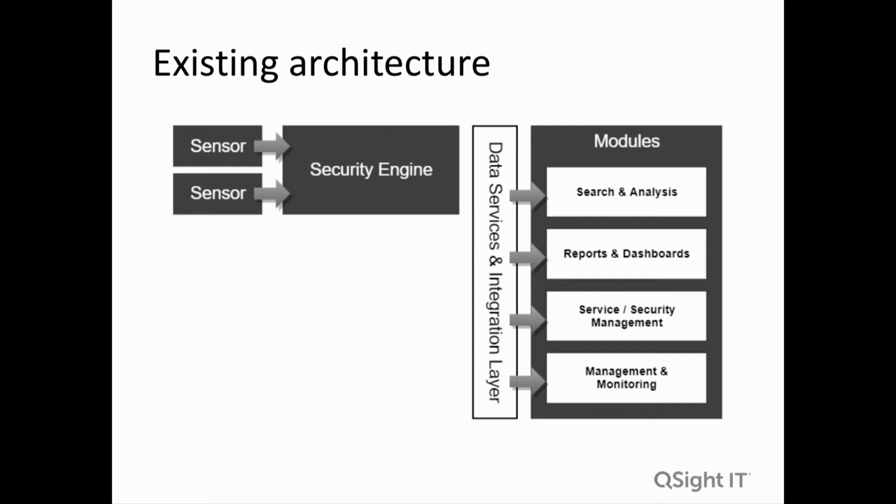So what's the trouble with this current architecture? Like I said, the security engine is more or less a closed box. We don't exactly know what is happening inside. We are not able to expand or enhance this logic with our own logic. That's one. All data is processed by a smart sensor.